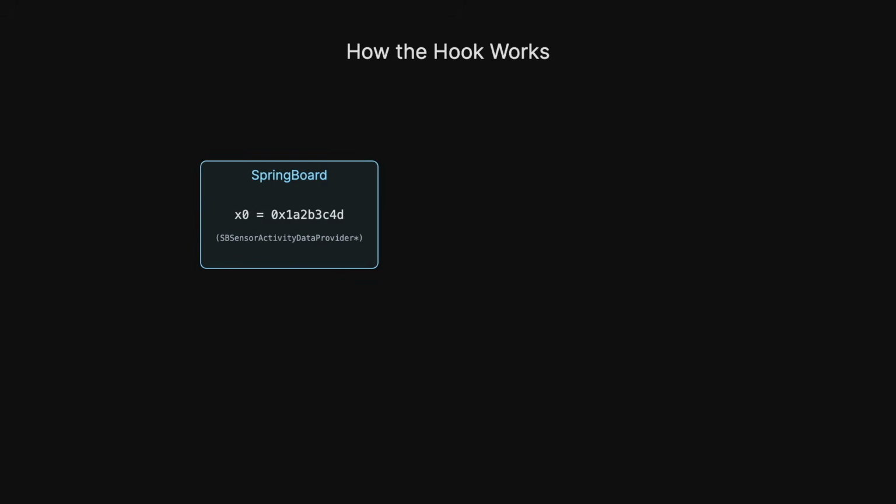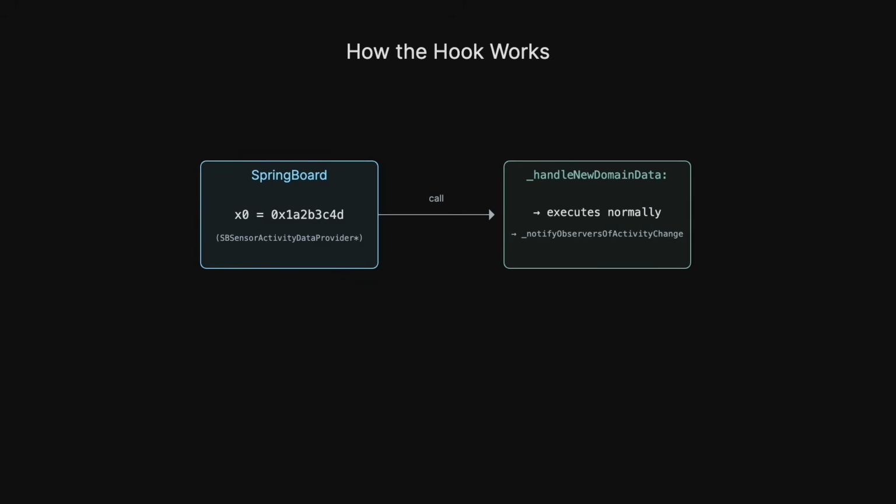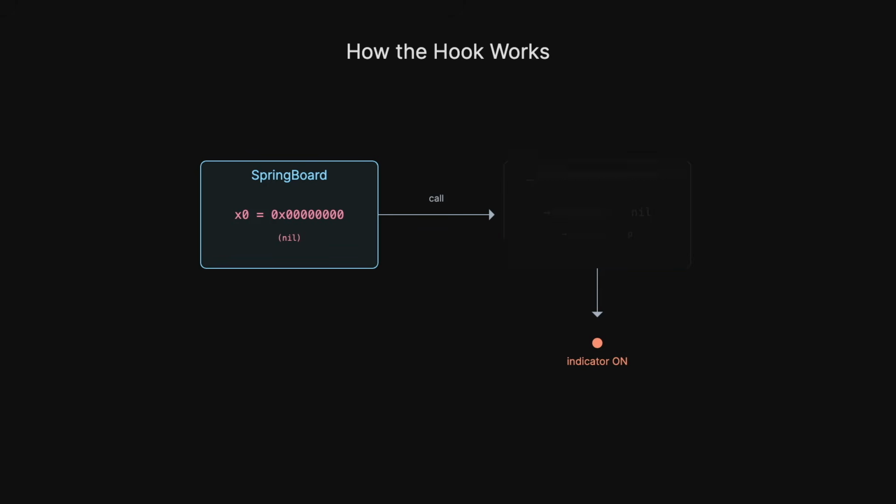So when SpringBoard calls handle new domain data on its SB sensor activity data provider, the hook fires. x0 becomes 0, and the call becomes nil handle new domain data. And in Objective-C, a message sent to nil is silently ignored.